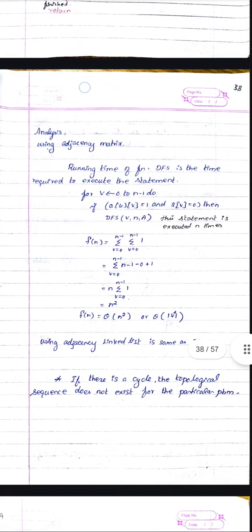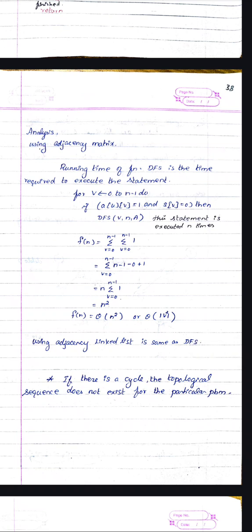Then for the adjacency matrix calculation, since it will be from 0 to n minus 1, there are 2 loops, so we get theta of n square.